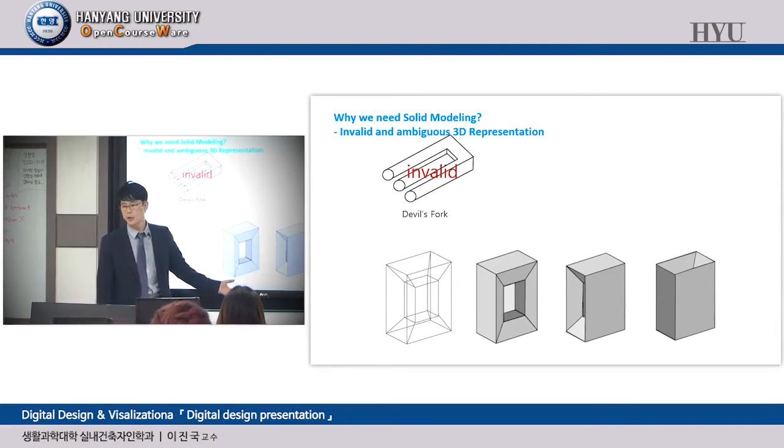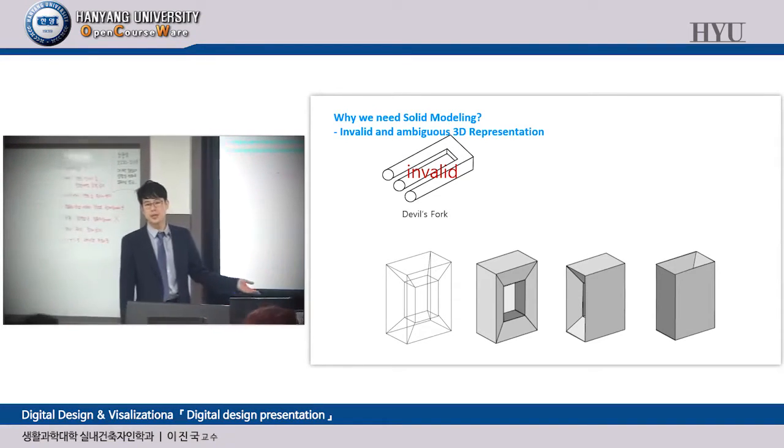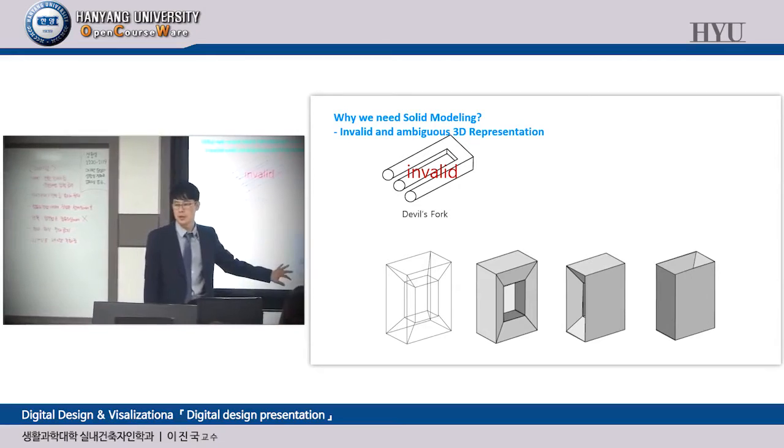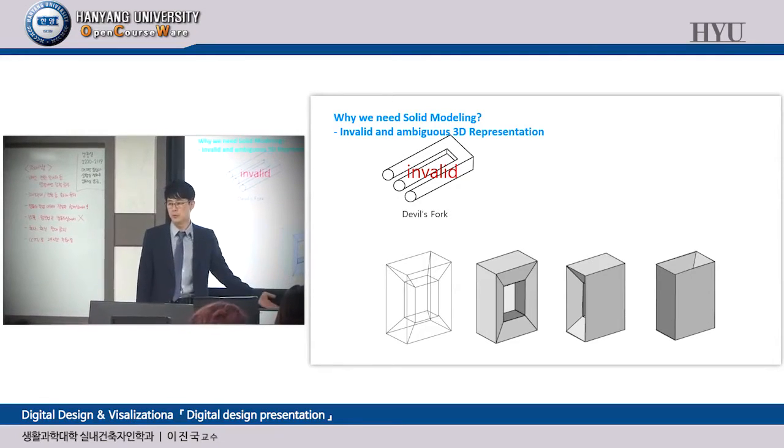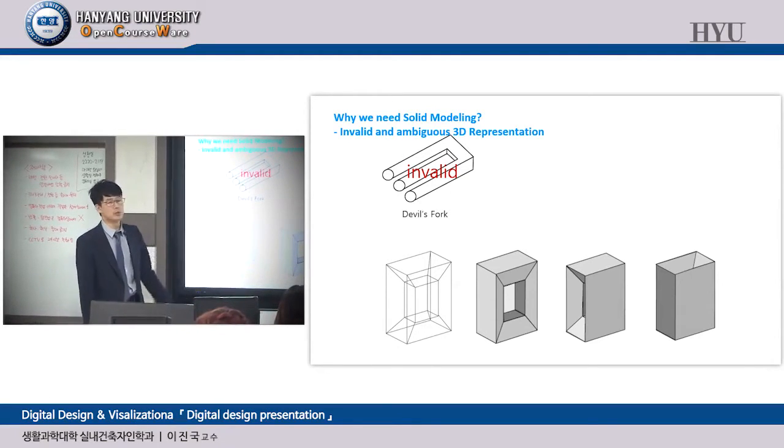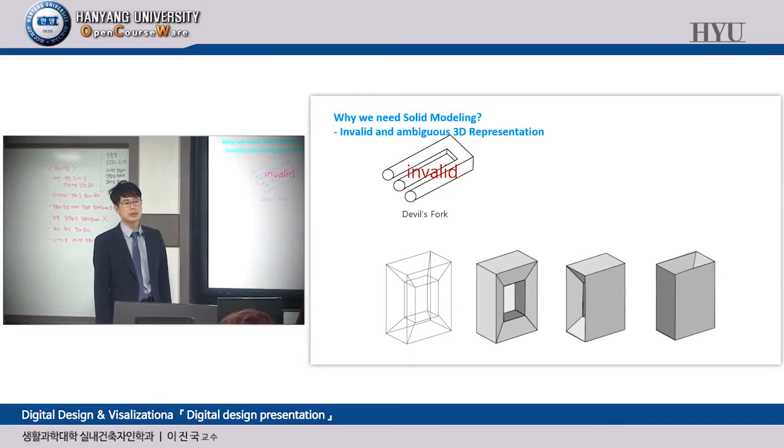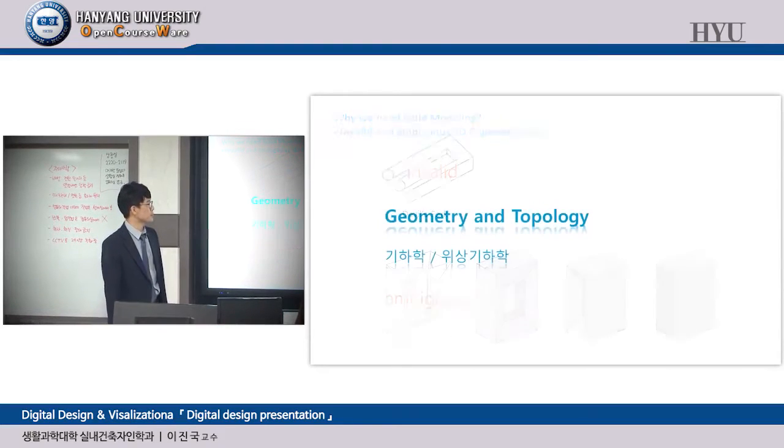So Boolean operations, cut, inset, extrusion, plus, minus, union, intersection, all the operations are available, no problem, okay? Anyway, this is a real-world product representation method implemented in computers, solid model, okay?